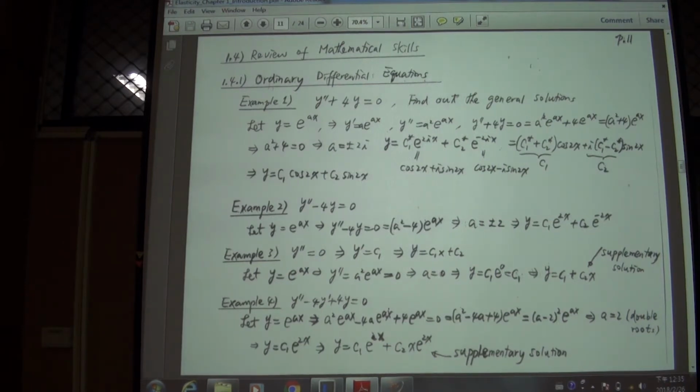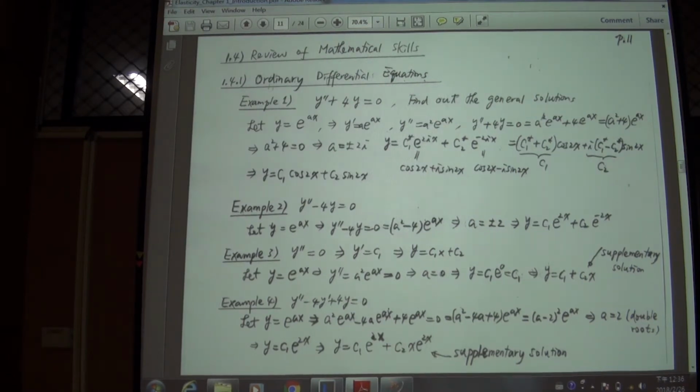When you have only one particular solution for a second order differential equation, you should add another solution: you just multiply the first solution by x and change the coefficient. You get the supplementary solution. In this way, we turn our solution into this form, with two particular solutions: one constant solution, and another one a linear function of x.